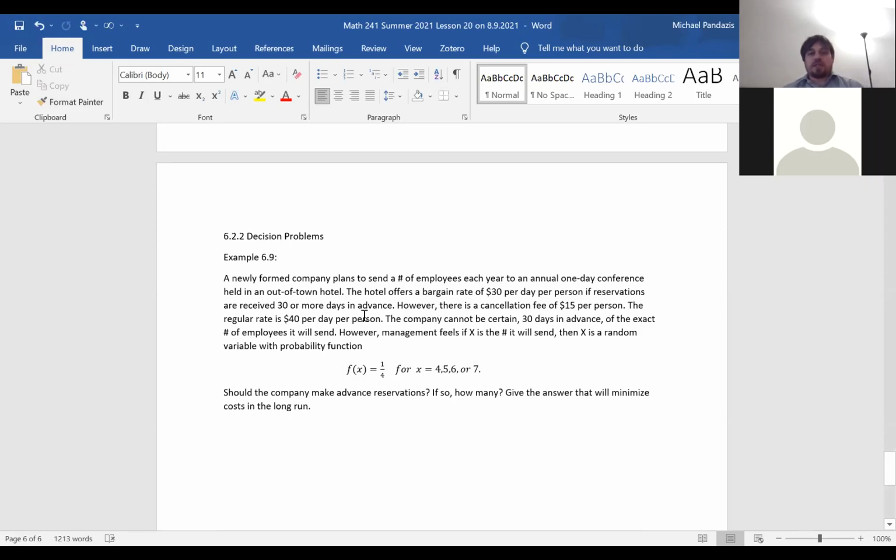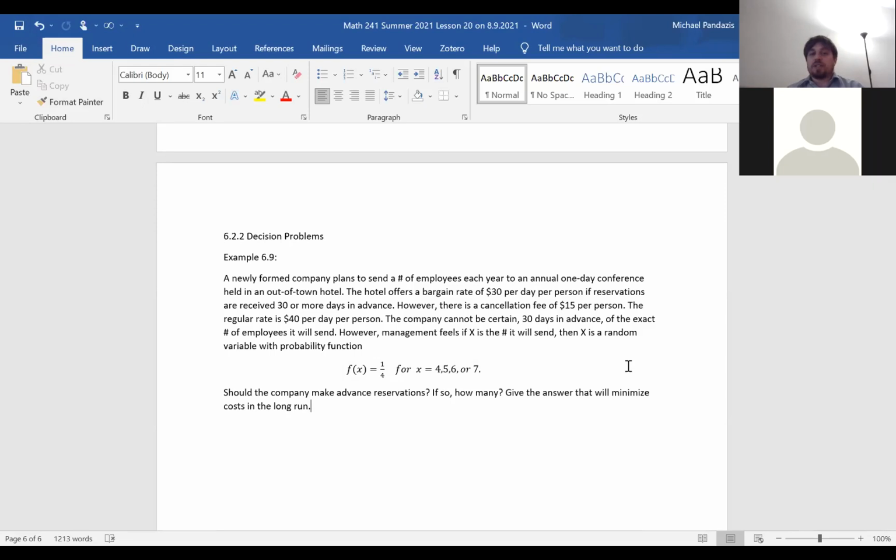Okay, so example 6.9. A newly formed company plans to send a number of employees each year to an annual one-day conference held in an out-of-town hotel. The hotel offers a bargain rate of $30 per day per person if reservations are received 30 or more days in advance. However, there's a cancellation fee of $15 per person.